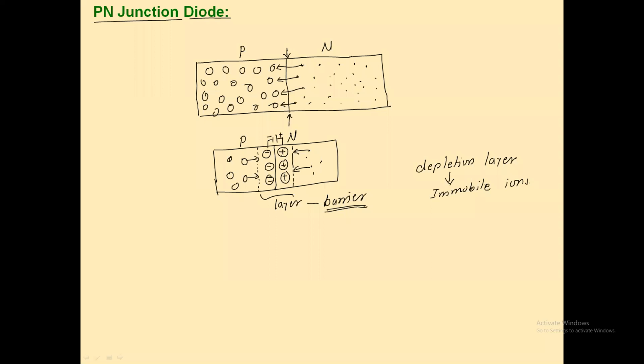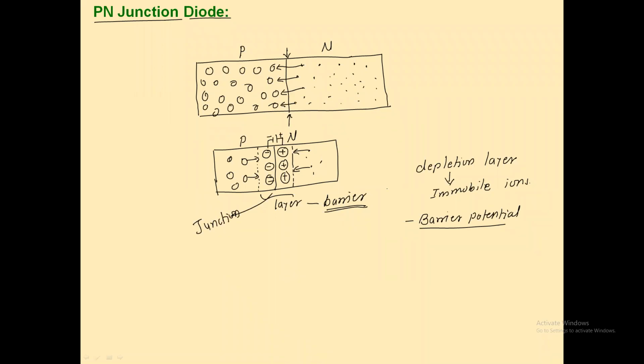Get it my point? Due to these two different layers, the positive ion layer and the negative ion layer, a certain potential exists in this layer, and this potential is known as barrier potential. Why is it called a barrier potential? Because this potential will not allow the free electrons to cross this junction. Now this point is called the junction.